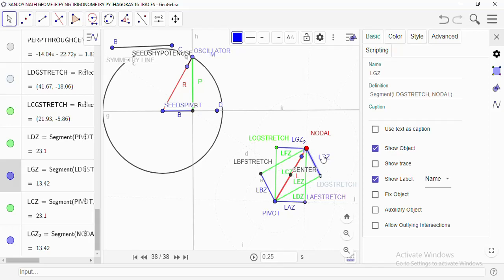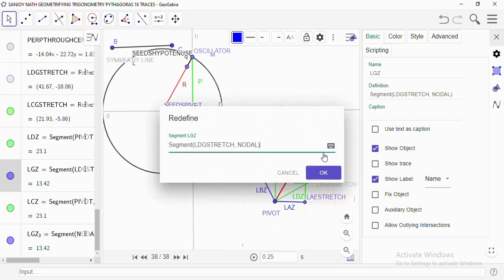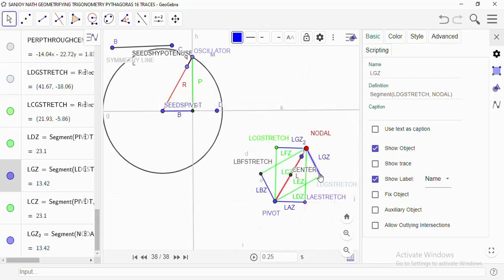Now here this is the base, so it should be ABCD. This should be C, LCZ, and its corresponding complement is EFGH. Its corresponding complement is G, which is LGZ. We have to write it properly. LGZ. This is the corresponding perpendicular for this triangle.